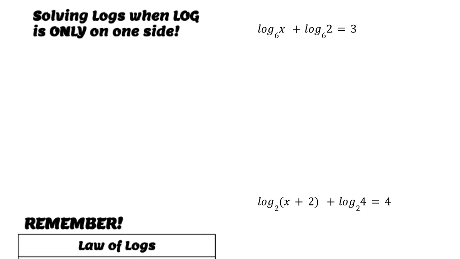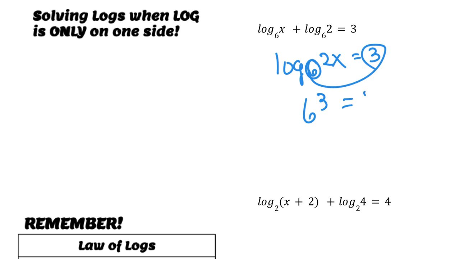Okay, here we go. Solving logs when log is the only thing. You got multiple logs. I can't do the lasso until I get down to one log. So I'm going to have to put these two together. So I got log base 6 of, very good, equals 3. Now I can do this. 6 cubed equals 2x. What's 6 cubed?